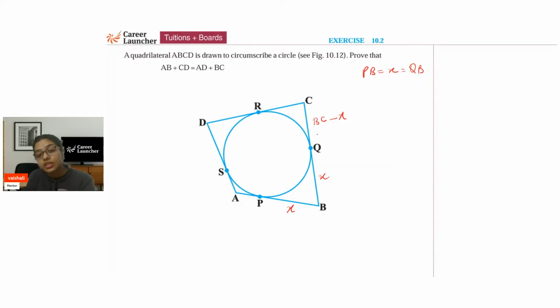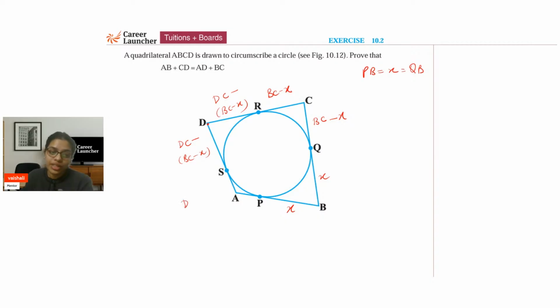Now if CQ is BC minus x, the same has to be true for RC, which is BC minus x. Now how can I express DR? मैं DC में से पूरा ये length subtract कर देती हूँ, which is BC minus x. अब DR and DS equal हो जाएगा because I am making two tangents, DR and DS, from the same external point which is D. So it means DC minus (BC minus x). अब मैं AS को कैसे लिख सकती हूँ?